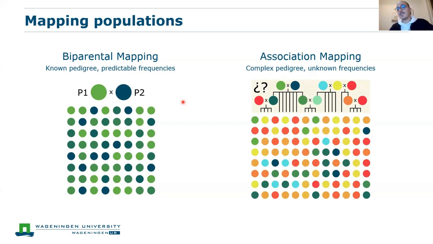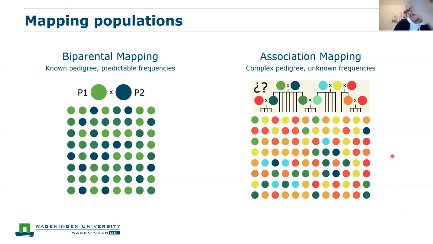Whereas in association mapping, so in GWAS studies, the population comes from a very complex pedigree or a natural population, basically. So the frequencies of the alleles that you get are very unknown. Of course, that can give some statistical problems, but that also means that we're evaluating in a GWAS study way more of the genetic diversity of the organism compared to what we get in a biparental population. So these are two extremes, right, of the types of populations that we can make.